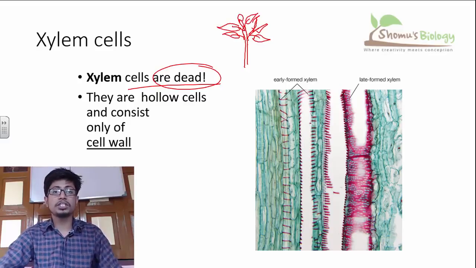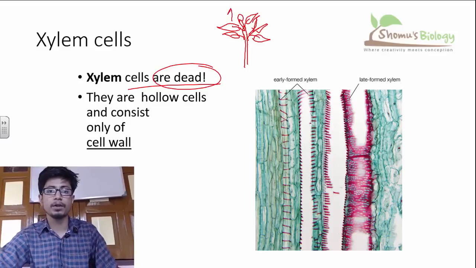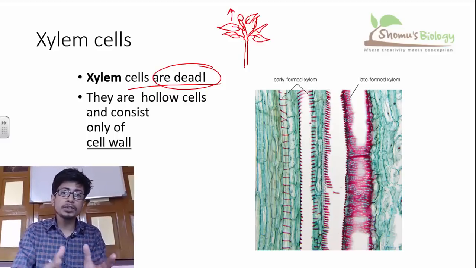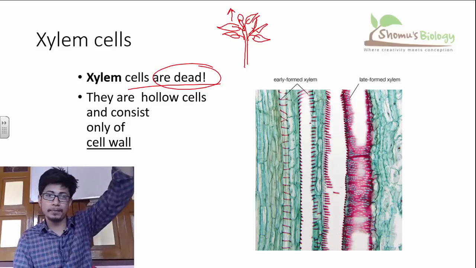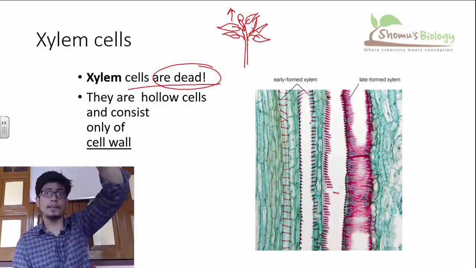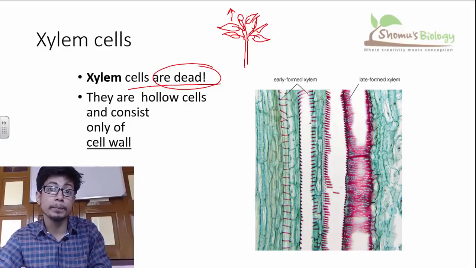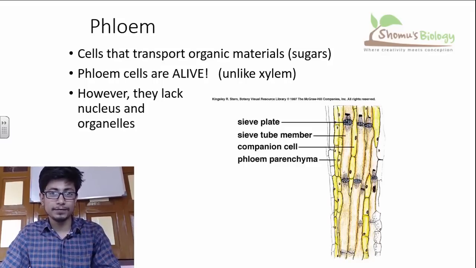So xylem, as the tree is growing at the top, the xylem cells become active and actively divide to create the large pipe, because you need to construct the pipe as the tree gains height. But after some time all those cells are dead and become a hollow pipe with a very thin cell wall.